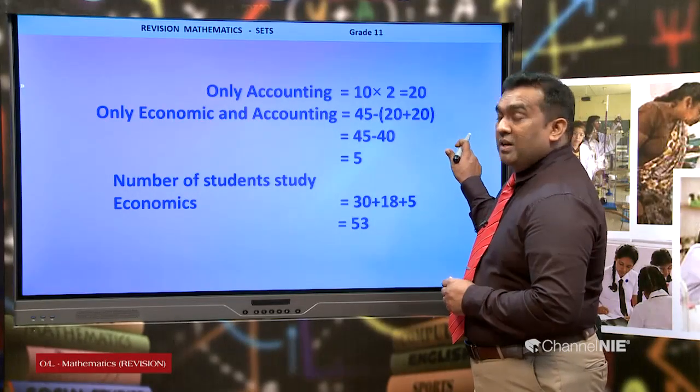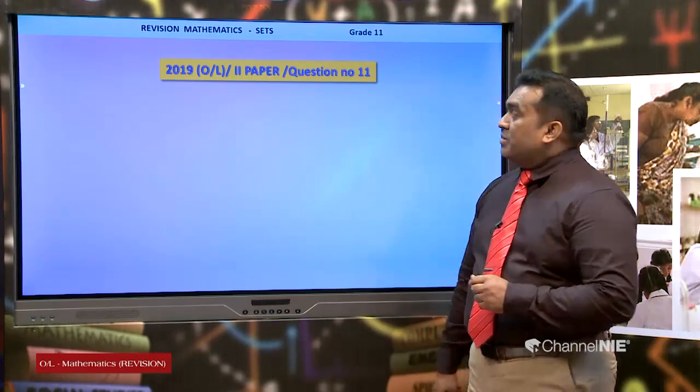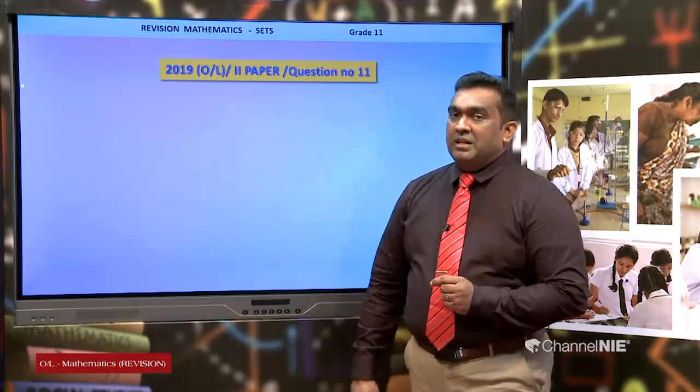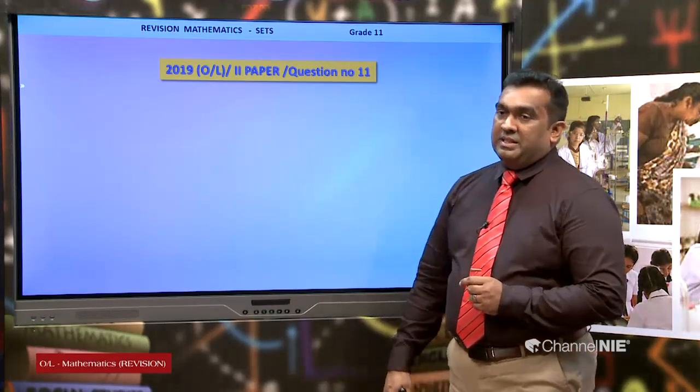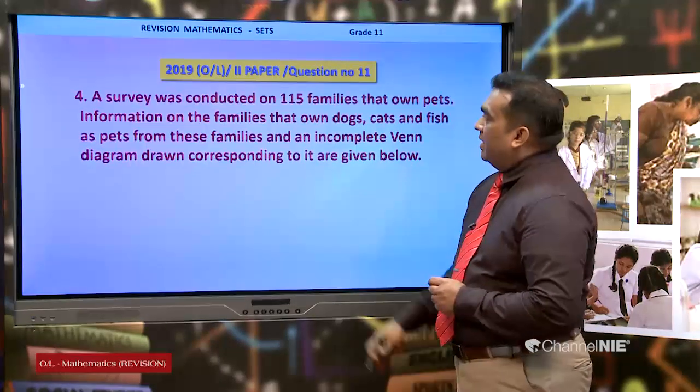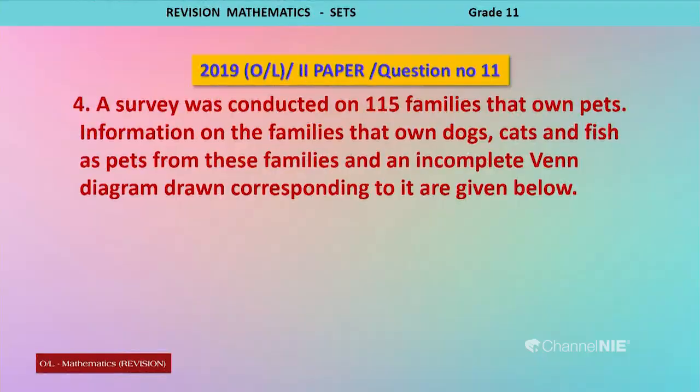Okay, now next question, 2019, second paper, question number 11. A well-defined collection. A survey was conducted on 115 families.